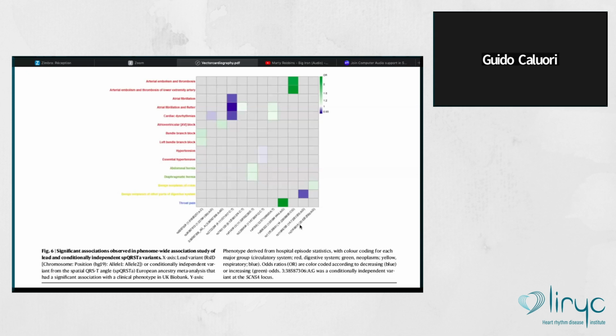Where do they come from? Because there is one which is sufficiently associated with protection from cardiac arrhythmia, because I see that the odds ratios are below 1. So this RS2723294, where do they get this? There are loci that appear.